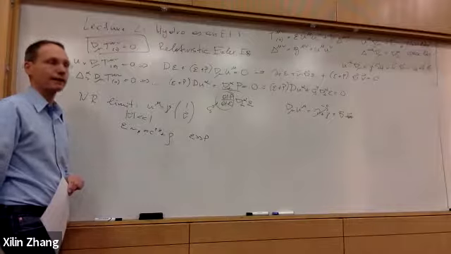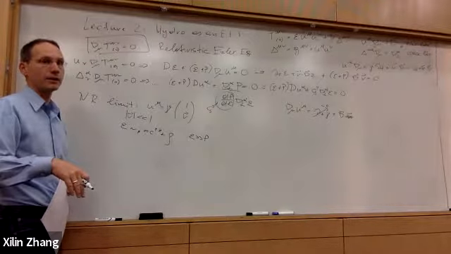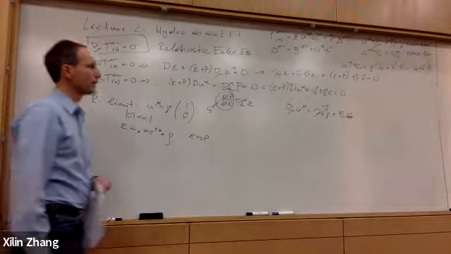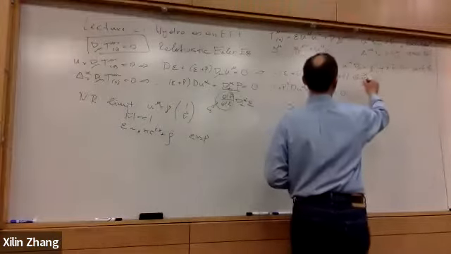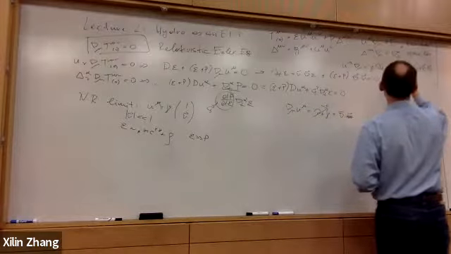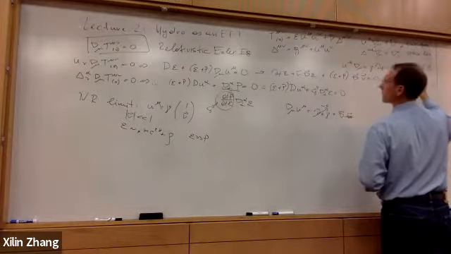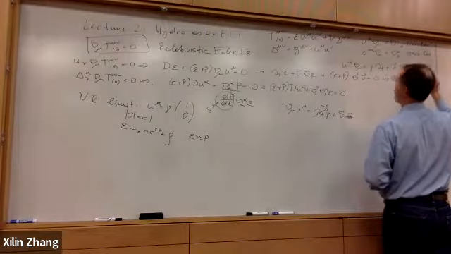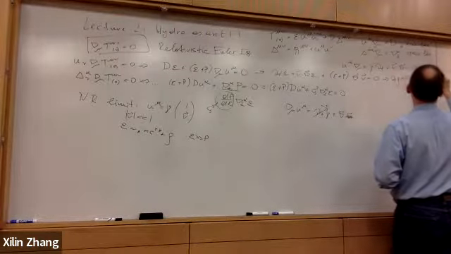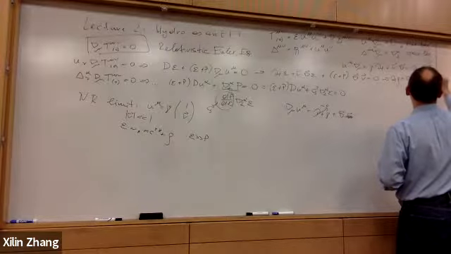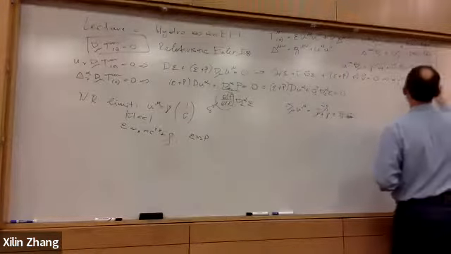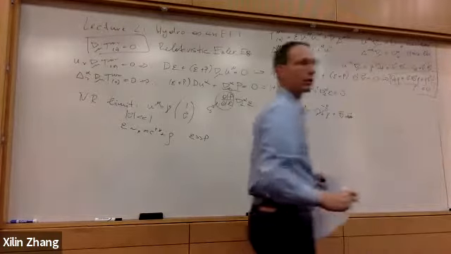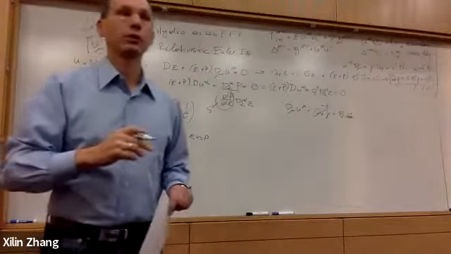So I can neglect the pressure whenever it comes in with a plus or minus sign with respect to the energy density. That means this equation turns into dt rho plus v dot grad rho plus rho times the gradient of v equals 0, which is nothing else but the usual non-relativistic version of the continuity equation.